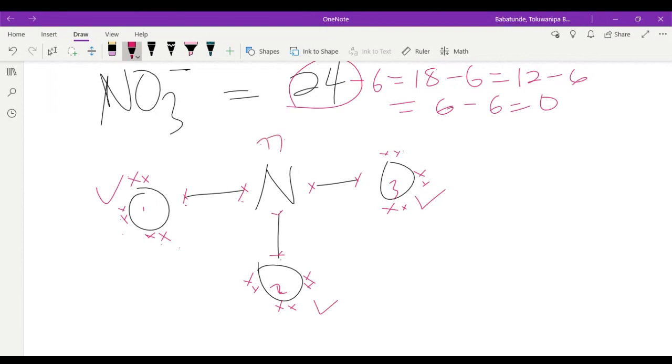So what do we do? We can move electrons from any of the oxygen atoms around the nitrogen. So I decide to move from my oxygen number 3. I want to move these 2 electrons here from my oxygen. So remember again, these 2 electrons means a single bond. We place it here.